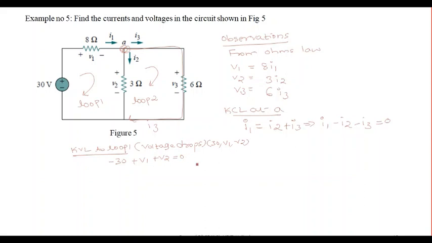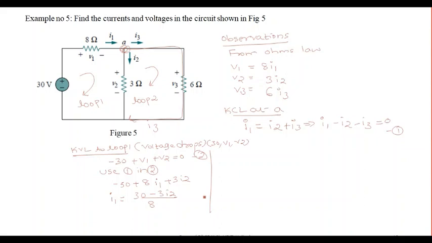Rewriting in terms of current, minus 30 plus 8 times I1 plus 3 times I2 equals 0, so I1 turns out to be (30 minus 3 times I2) divided by 8. So this is one condition.